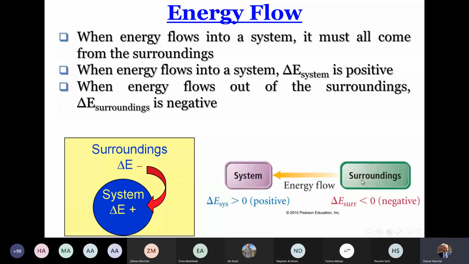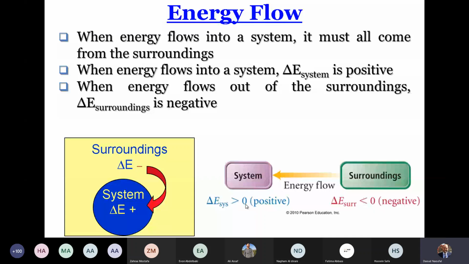Pay attention that the energy absorbed by the system is equal to the energy lost by the surrounding, but the transformation in the system is different from that happening in the surrounding.